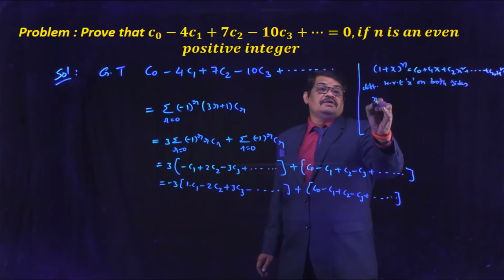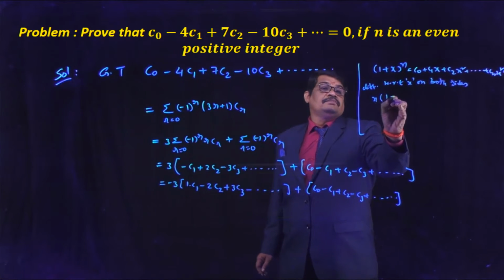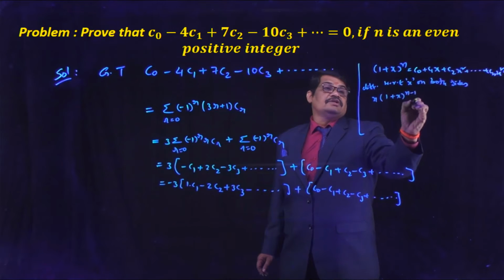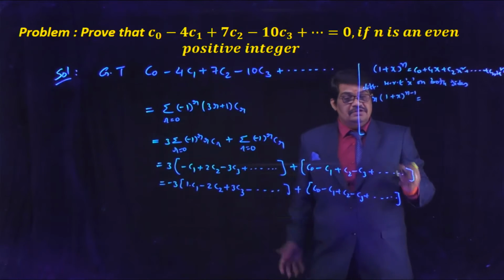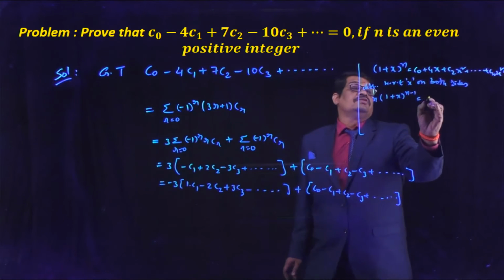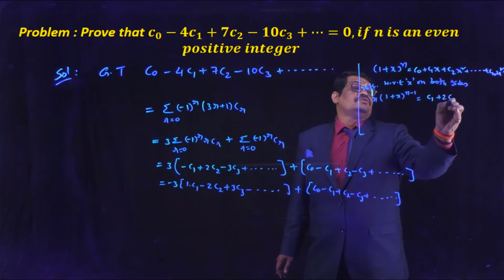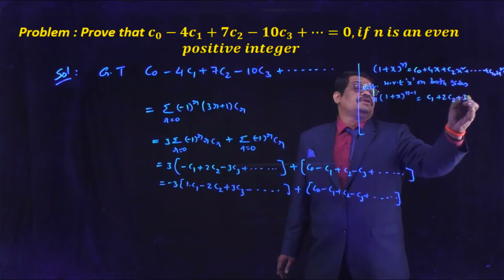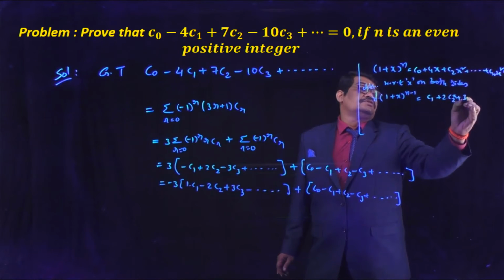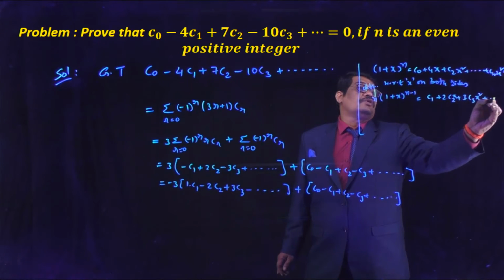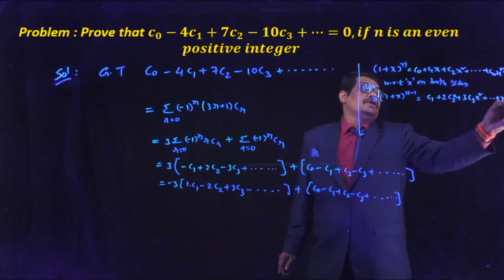We get n into 1 plus x whole power n minus 1. Then C0 is a constant, so its derivative is 0. Then C1 x has derivative C1, plus 2 C2 x, plus 3 C3 x square and so on, n Cn x to the power of n minus 1.